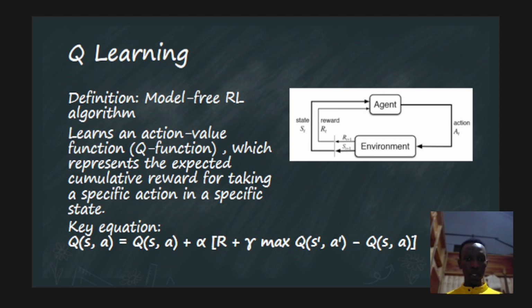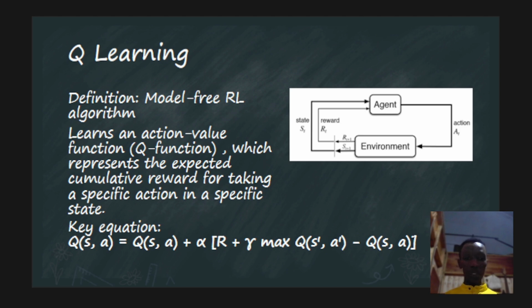This is the immediate reward for taking action A in the state S. And we have gamma, the discount factor. It determines the importance of future rewards, a value between 0 and 1.